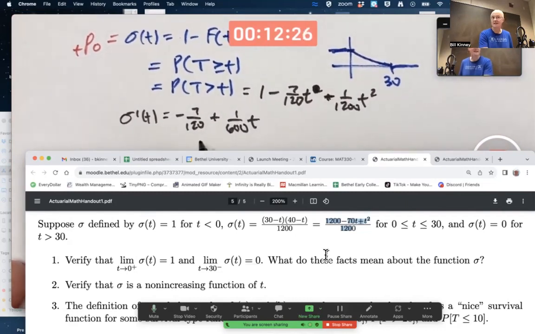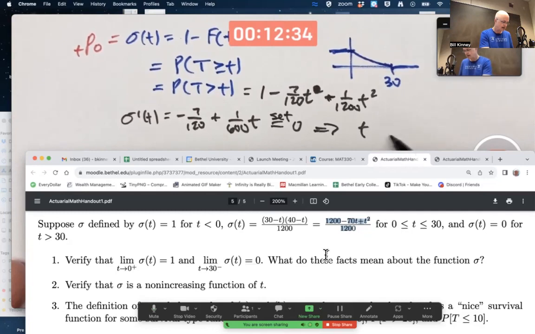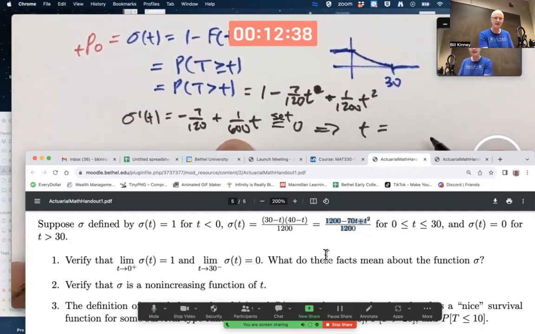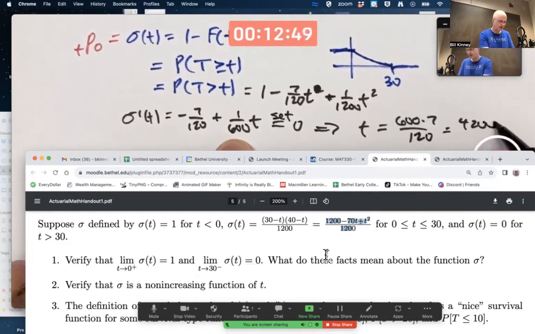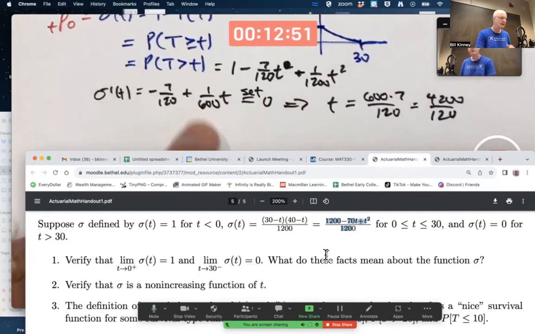Okay, it's certainly negative when t is 0. You might want to figure out when does it equal 0. You could set that equal to 0 and solve for t. Let's see if I can do this in my head. You get 1 over 600 t equals 7 over 120. You'd multiply both sides by 600. Looks like 600 times 7 over 120, 4,200 over 120. And I don't think I can do that in my head.